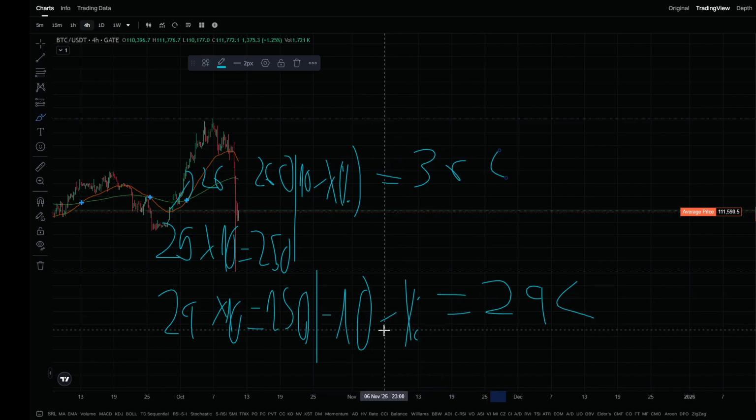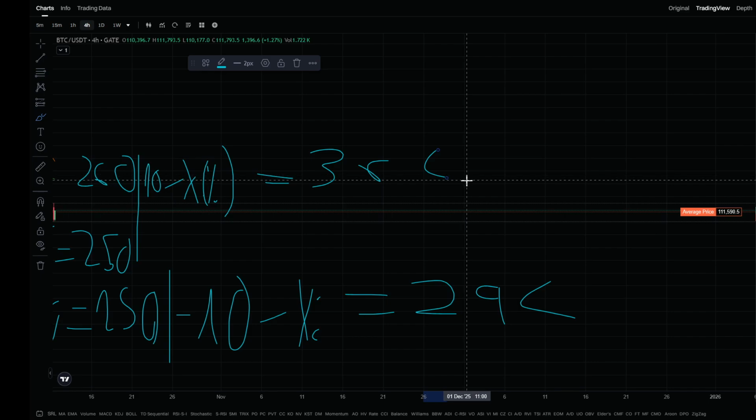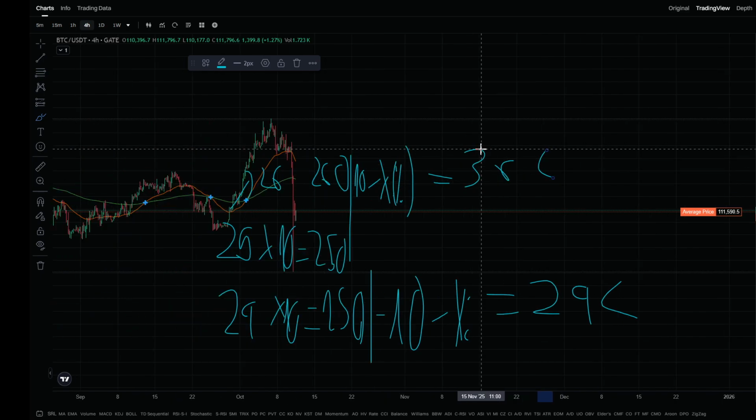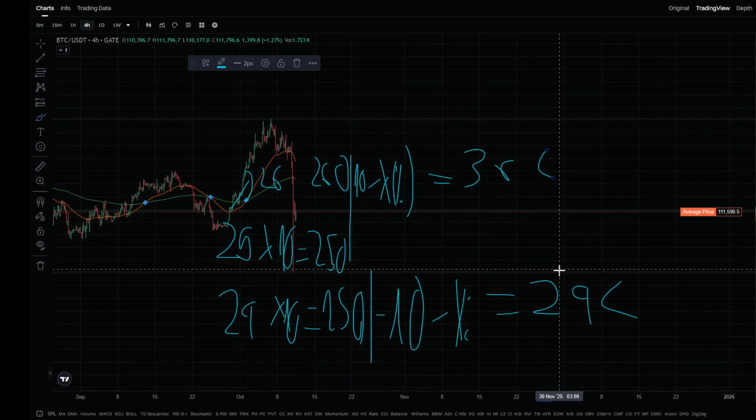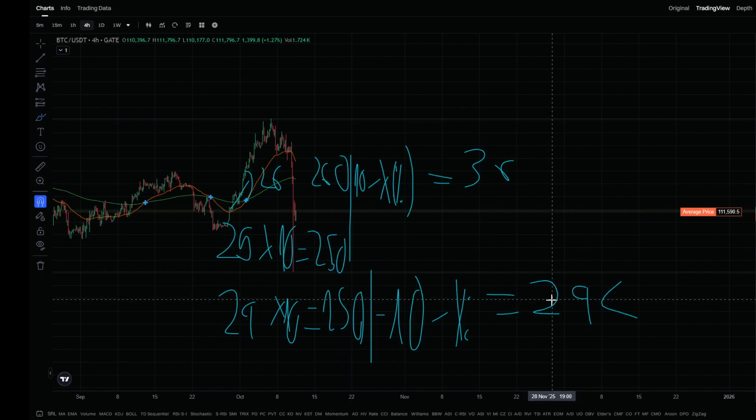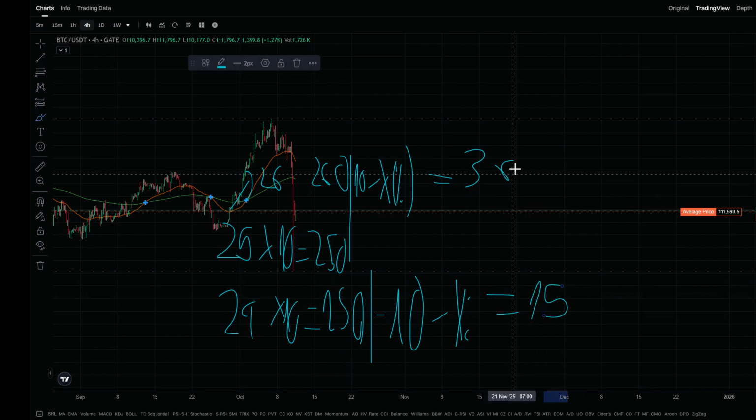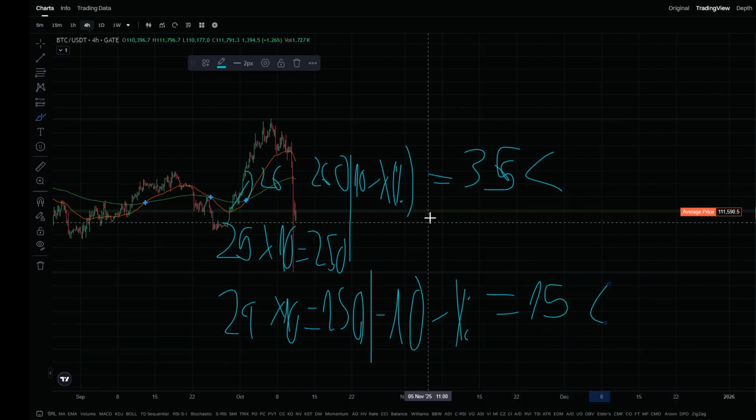Although it's not really significant. Wait, what? Why is it 24? Interest 10 should be 15. It's supposed to be 25. Sorry about that.